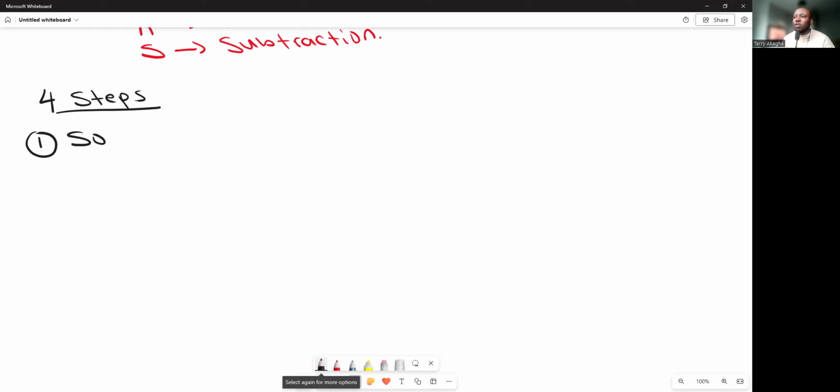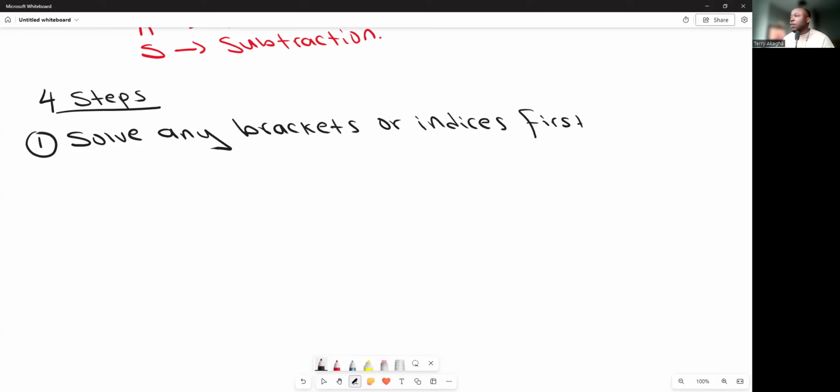So the first thing you have to do is solve any brackets or indices first, if any. So in some questions, you might have some of them having these indices in brackets and some you will not. So it varies. Then number 2, you then have to solve the scalar multiplication separately.